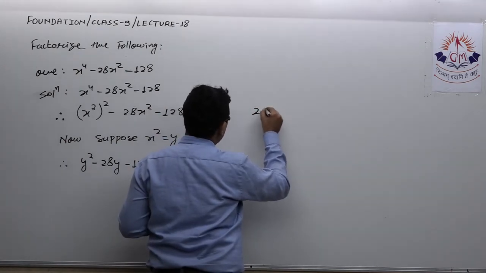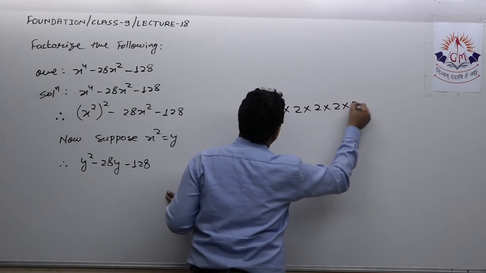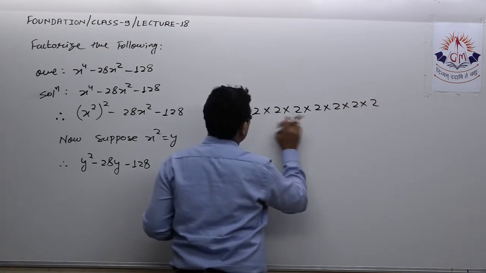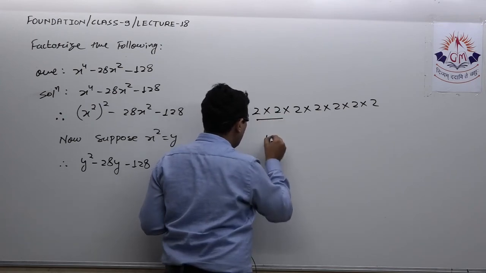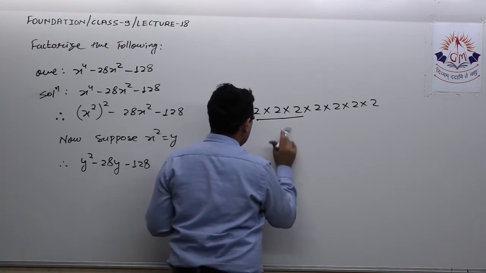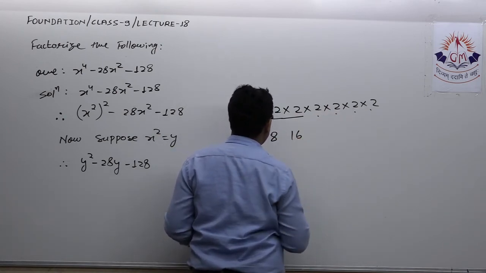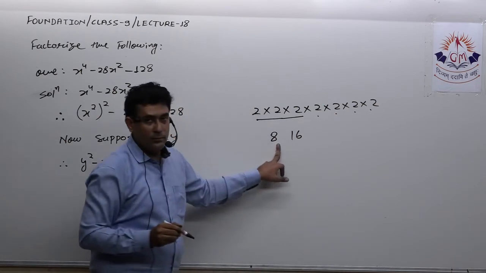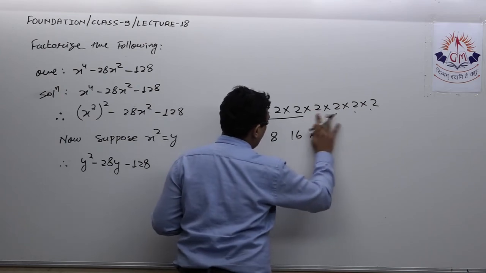So 2 multiplied by 2 multiplied by 2 multiplied by 2 multiplied by 2 multiplied by 2. Now suppose I take these three, then 8, 16. So neither their sum nor their product works. So this is an incorrect combination.